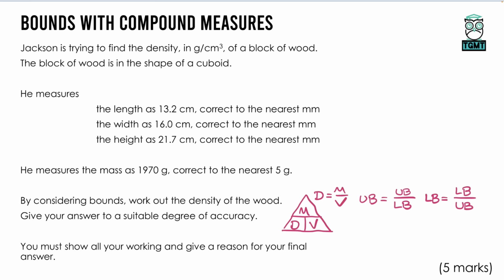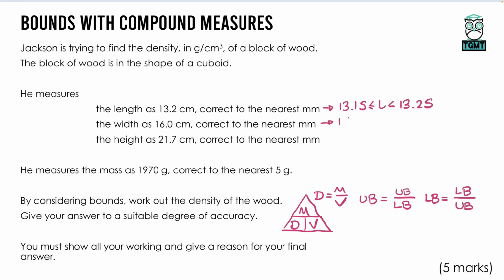So we have a lot to work out because there are lots of numbers here and each one of them we need to write an error interval for. So for the first one we have our error interval will be 13.15, and I'll use the letter L for the length, and that is going to be 13.25. For the width we have 16.0.